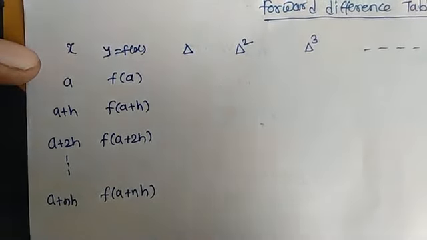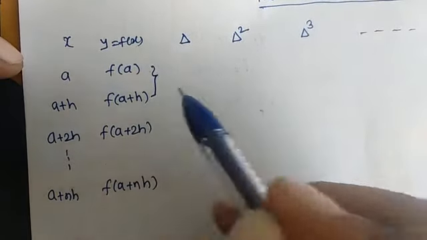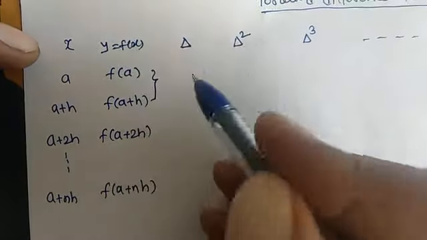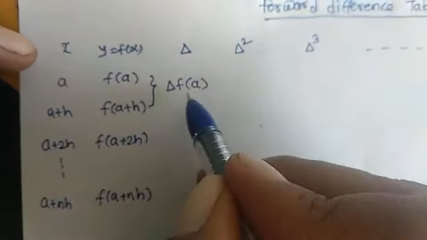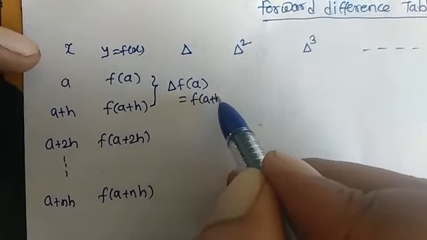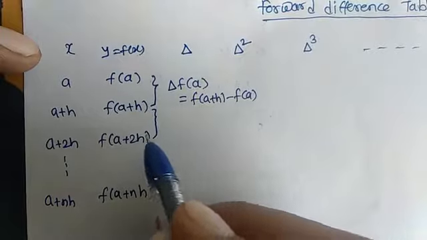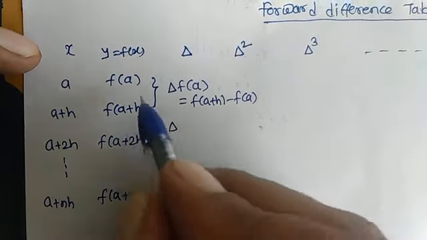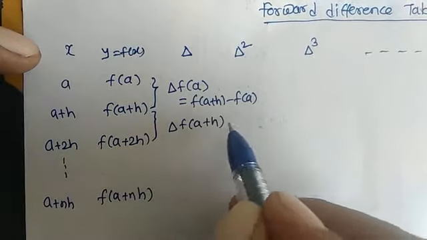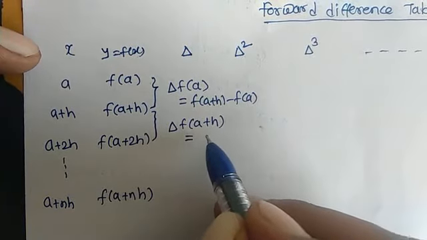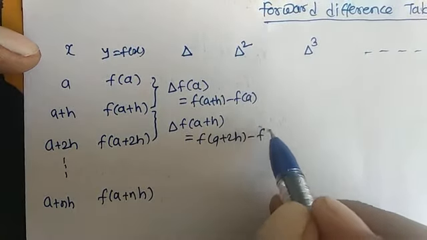Okay, so here the first difference is of these two values, f of a plus h minus f of a, which is denoted by del f of a, which is equal to f of a plus h minus f of a. Next, this is our second difference, which is del f of a plus h, which is equal to f of a plus 2h minus f of a plus h.